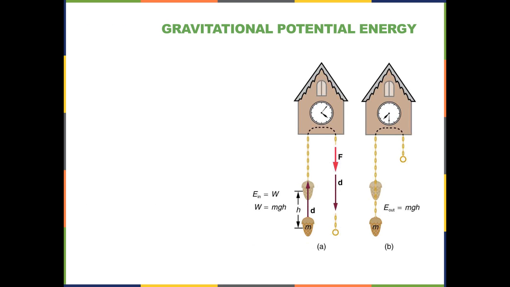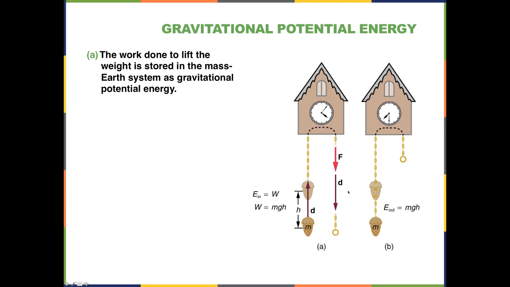Now, I mentioned a few minutes ago gravitational potential energy. Gravitational potential energy is the energy that something has because of its position in space, based on a baseline that you have to define. If the work that's done to lift a weight is stored in that mass and Earth system by something known as gravitational potential energy.